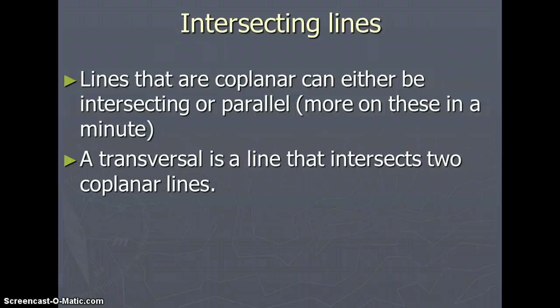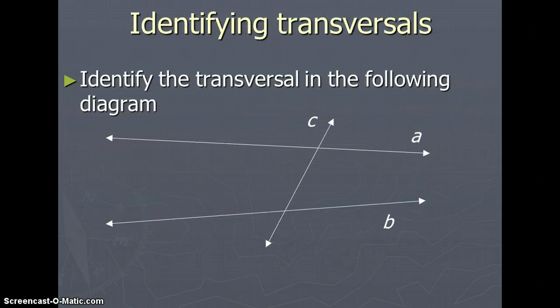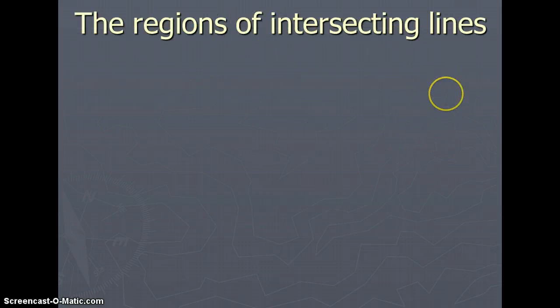If they are intersecting, then there's going to be a third line that could potentially intersect them, called a transversal. It's a line that intersects two coplanar lines, and it's all relative to these other two. So in this diagram, if we have the lines A and B, we want to identify the transversal.